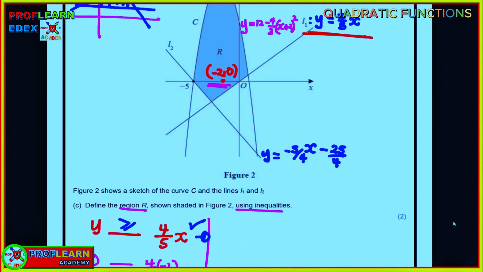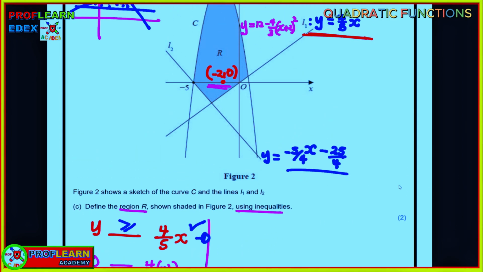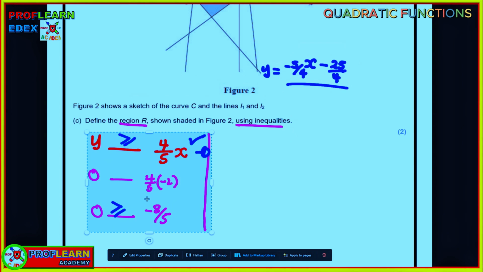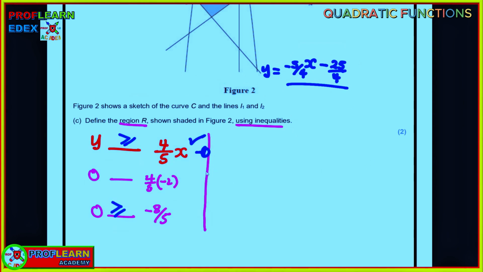We are going to do the same for the second equation, this one. Now this one I'm done with it, I can just leave it there. For the second one, I'll say y dash -5 over 4x minus 25 over 4.